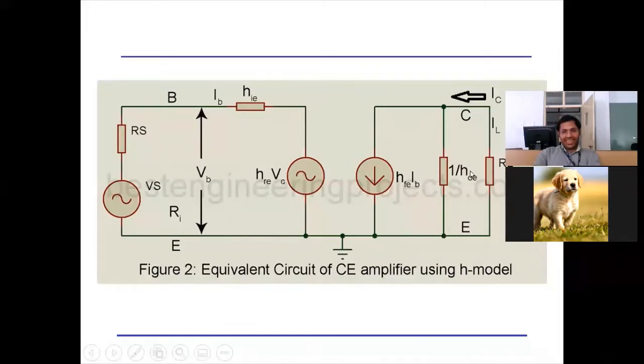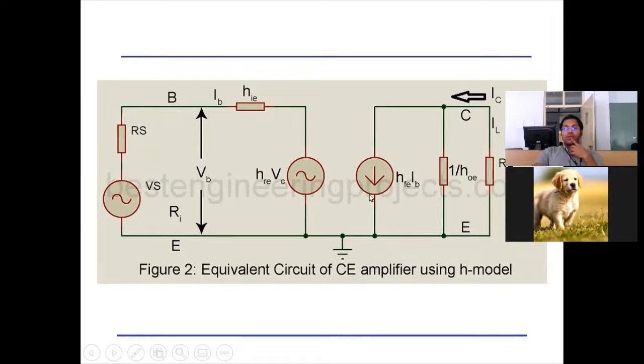When we neglect this resistance, we got the I_C and h_fe I_B relation. Indirectly, some portion of the current was earlier getting divided into these two, but now there is a direct relation: I_C is equal to h_fe I_B.